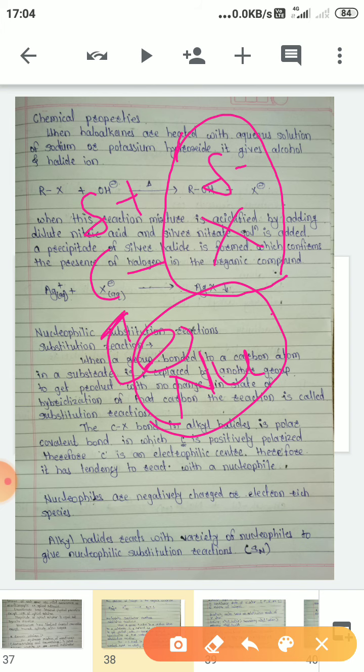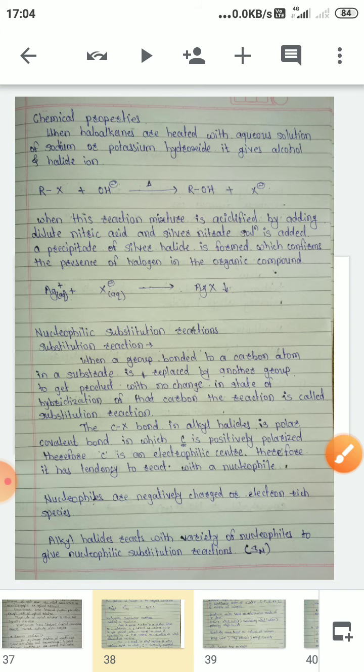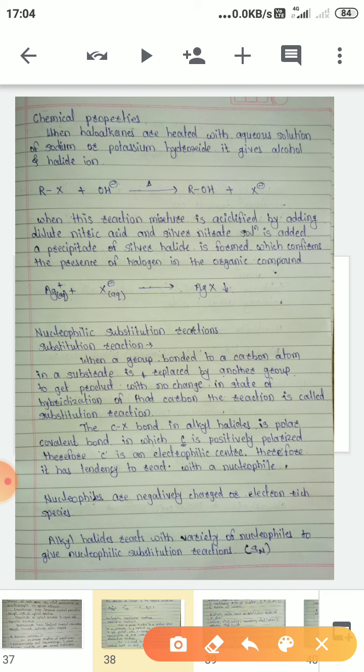Such substitution reactions, in which a negatively charged atom or group, or electronegative part of the substrate, is replaced by an electron rich species or negatively charged nucleophilic species, are called nucleophilic substitution reactions.